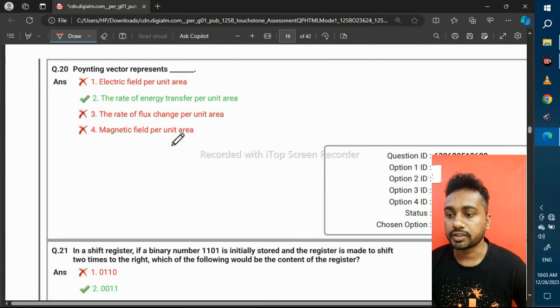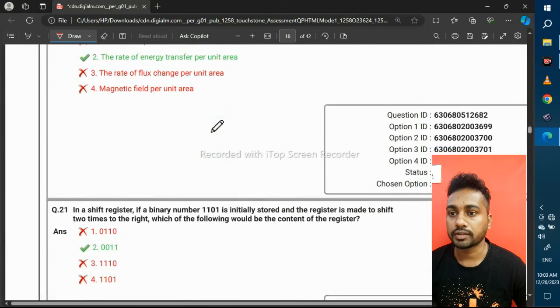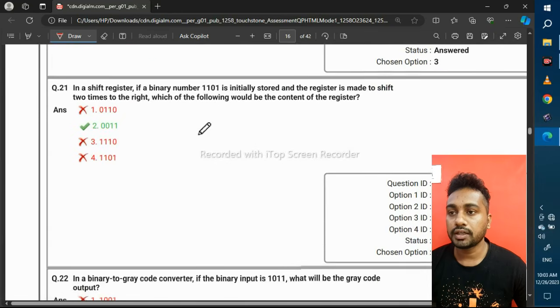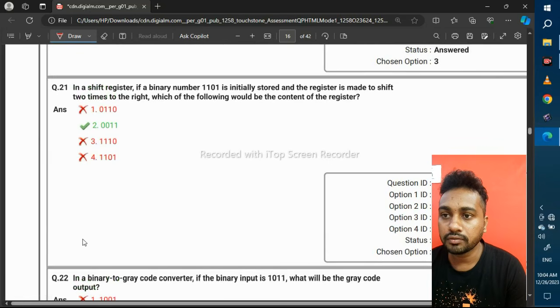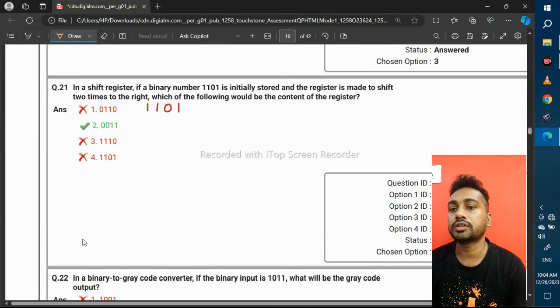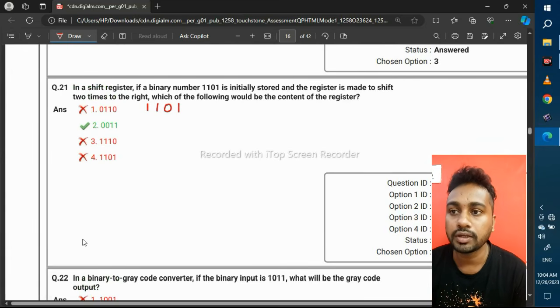Poynting vector represents the rate of energy transfer per unit area. This is a formula only. In a shift register, if a binary number 1101 is initially stored and the register is made to shift 2 times to the right, which among the following would be the content of the register? Generally a shift register is used to shift the bits right side or left side.